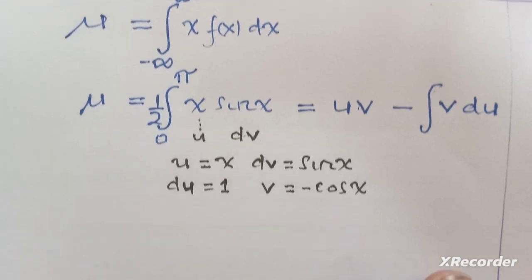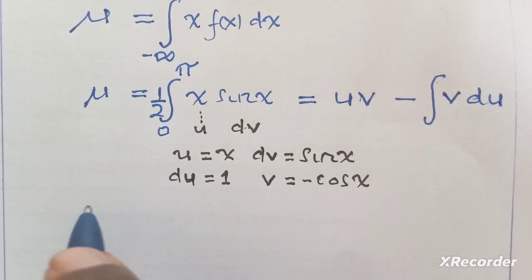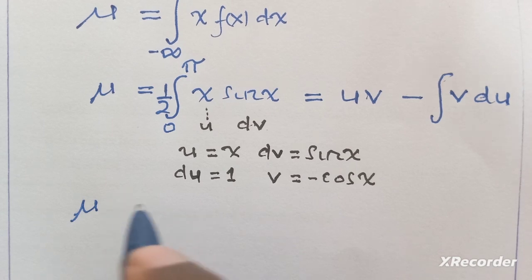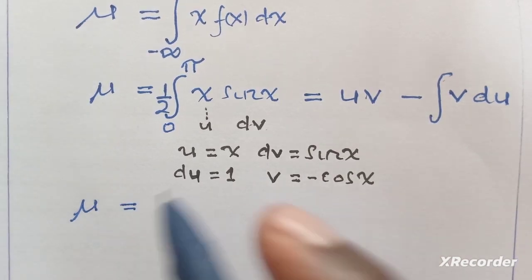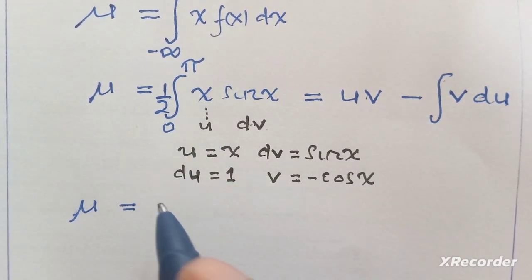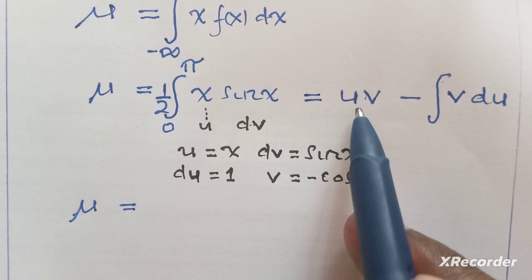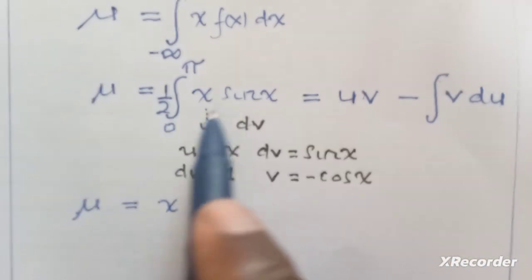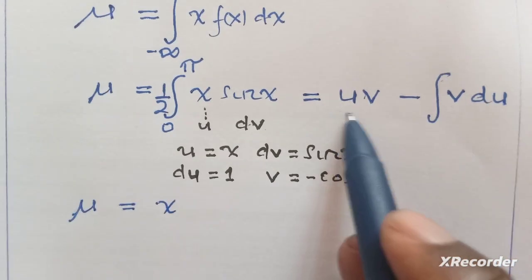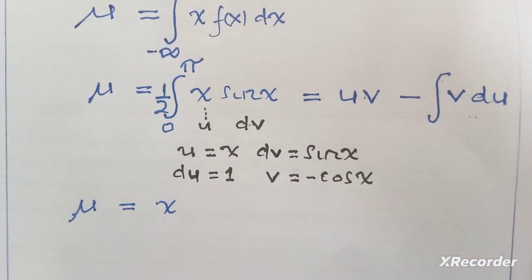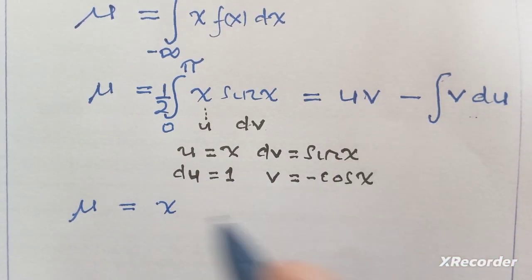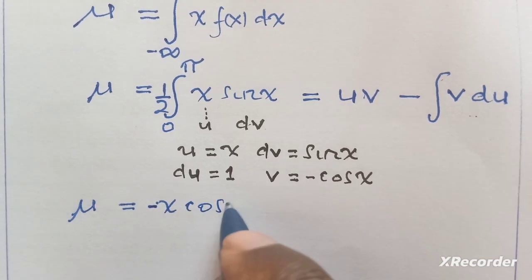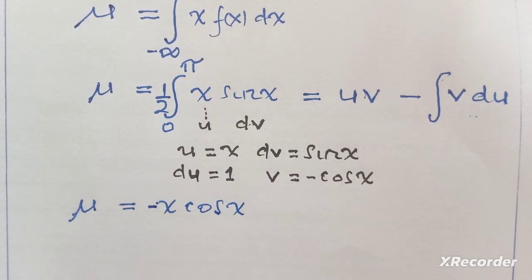So finally, guys, we can now come and write mu will be, we have left it out, we shall put it later. It's equal to u times v, which is minus cos x, like that.